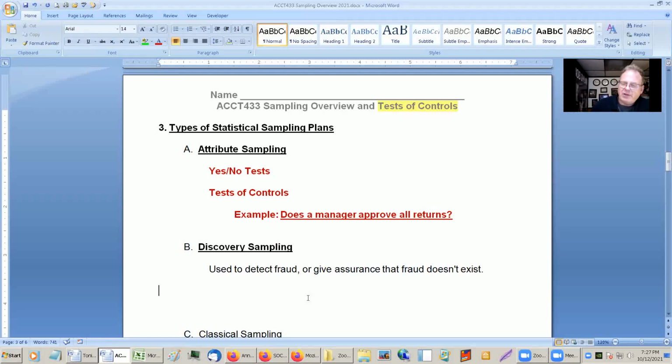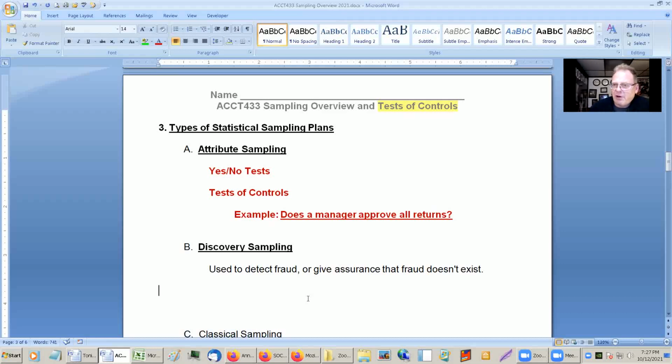If you do hit an exception, there are ways to figure out, okay, if I found 2 exceptions in the first 300, what does that mean overall? How bad of a problem is this? You can make projections that way.